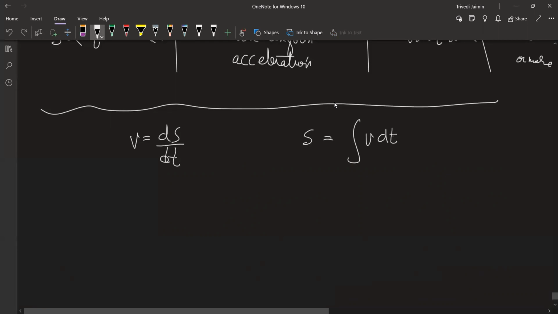Displacement, this velocity, and next is acceleration. So a is dv by dt. This is also a function of t.